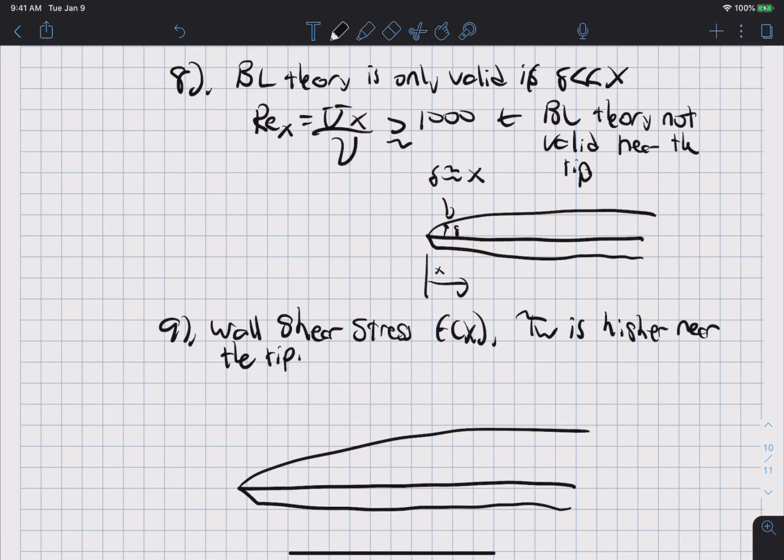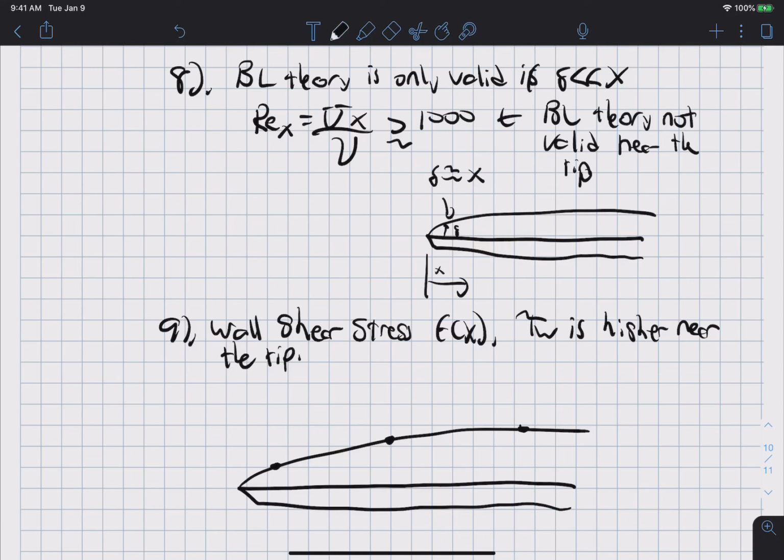Well, to a certain extent, we know that at any location, say here, here, and here, the velocity must match the free stream velocity. But in this region here, that has to occur in a much shorter distance than, say, way over here. So the velocity gradient near the wall in this location is going to be higher than the velocity gradient over here.